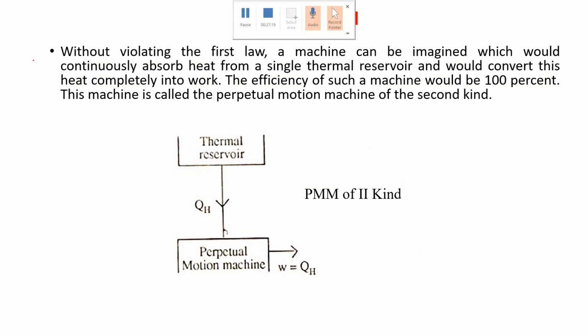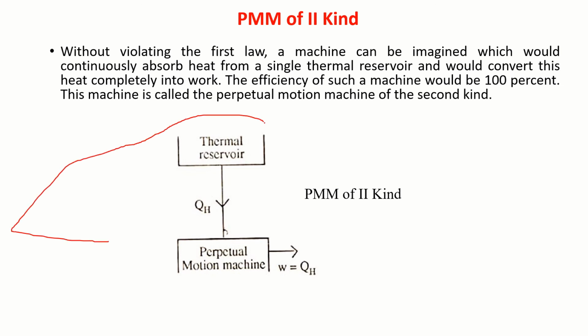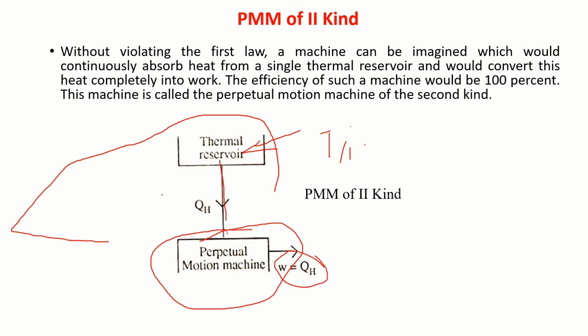Earlier we discussed the perpetual motion machine of the first kind. That means without giving any input, it is impossible to get the output. What is the perpetual motion machine of the second kind? Look here. I have a heat engine. It is taking heat QH from a thermal reservoir at temperature TH, and it is producing work W, which is equal to QH. It is exchanging heat with a single reservoir.